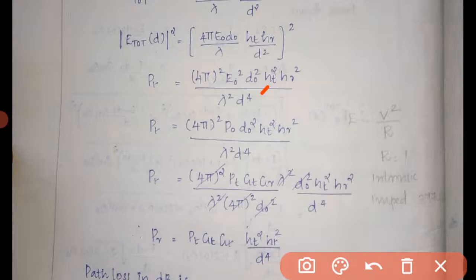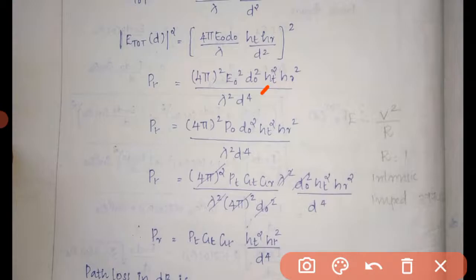So this P naught is the free space equation, the free space received power. Substitute the value of P naught, which is equal to pt gt gr lambda square by 4 pi d naught, the whole square.